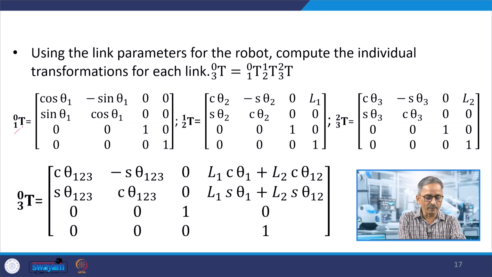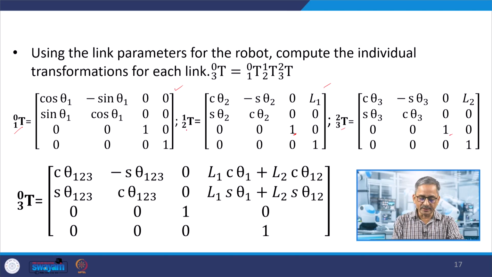So this T10 gives me this matrix, which is nothing but rotation about the z axis by theta 1. The transformation matrix 2 to 1 is a rotation about the z axis by theta 2. Similarly, 3 to 2 is a rotation about the z axis by theta 3.